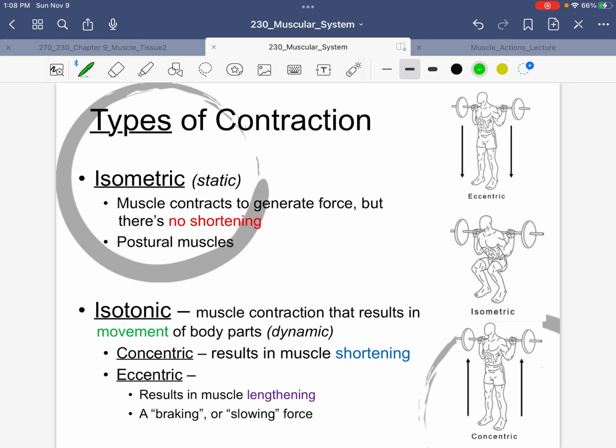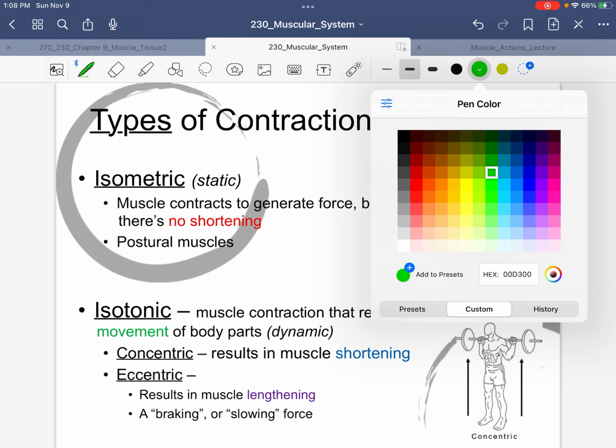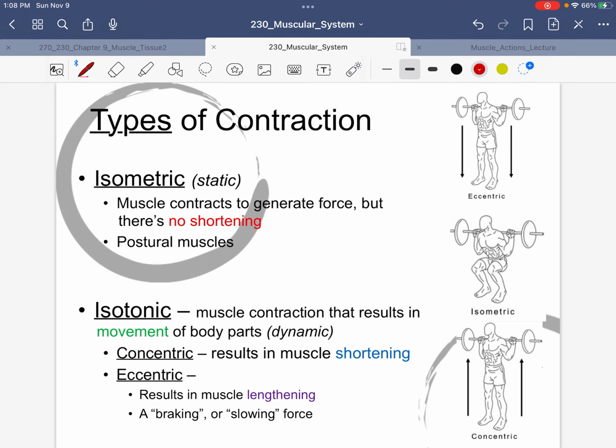The last thing I want to introduce, and this is important, would be types of contraction. Let's start with the types of contraction that you are familiar with. When a muscle shortens, we've talked about that most. When you think of muscle contraction, you're usually thinking of what we consider isotonic.